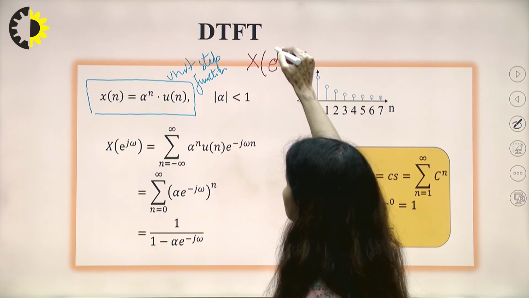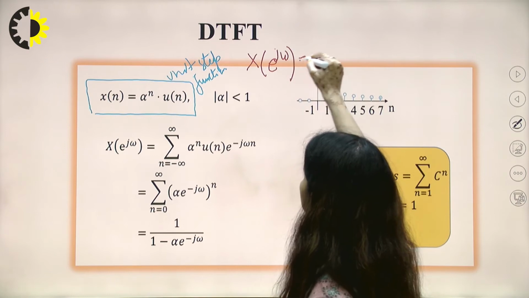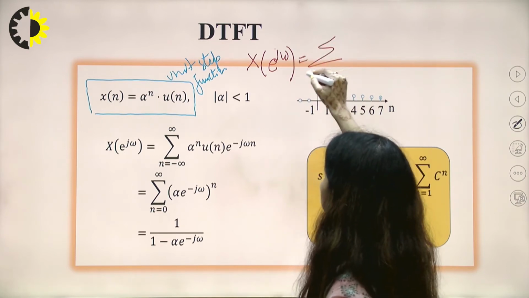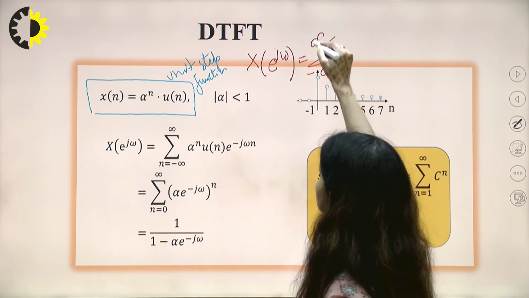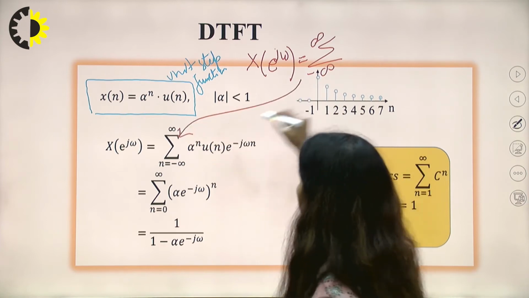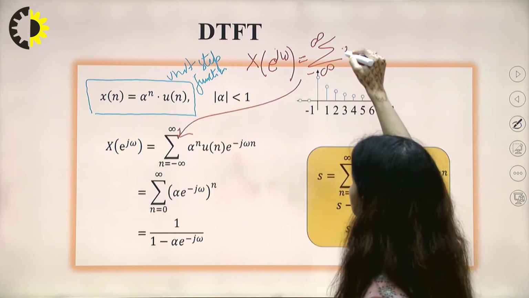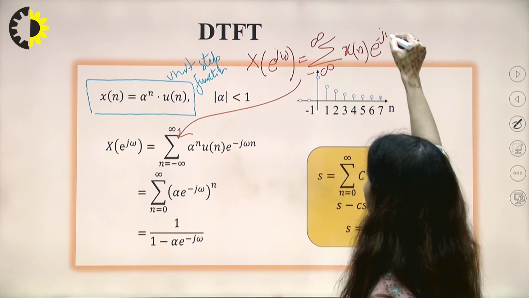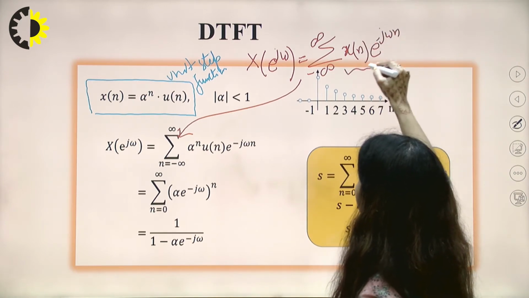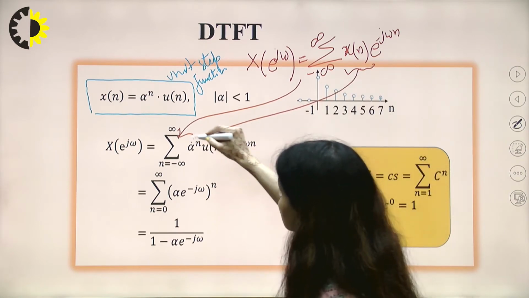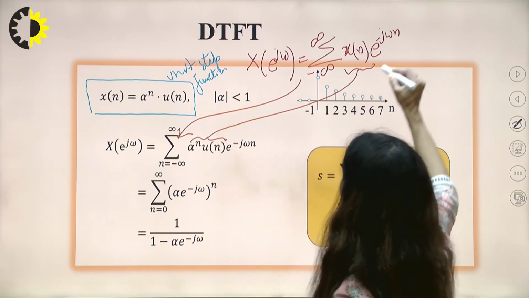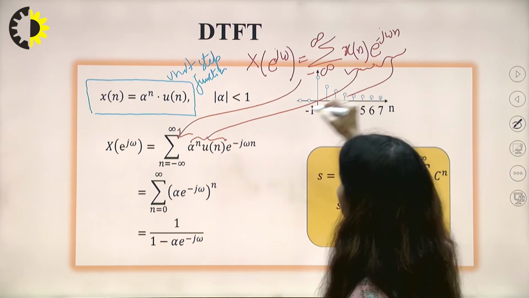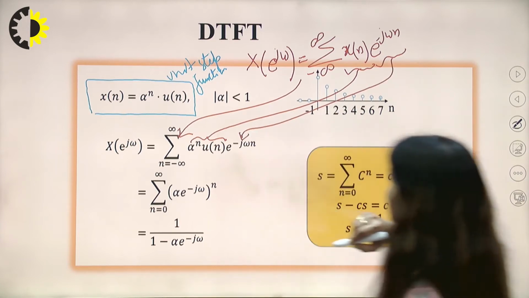I rewrite it for any discrete sequence, from minus infinity to plus infinity, as it is written here. Now whatever the sequence x[n] times e raised to the power minus jωn. So this x[n] is this term, and e raised to the power minus jωn is written like this.